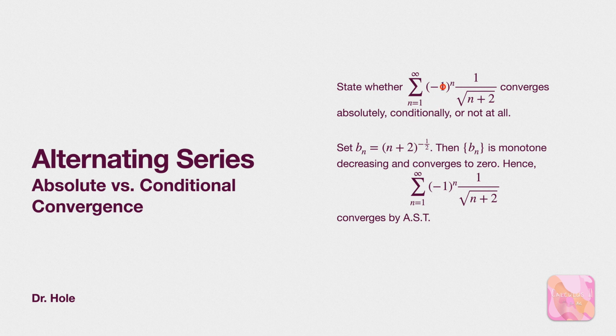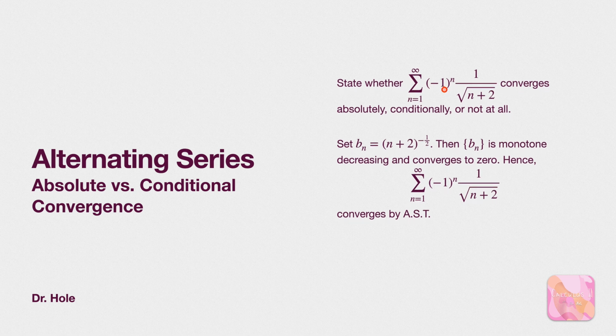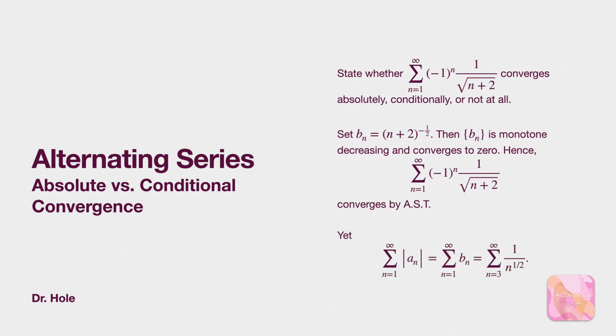That means we need to remove the alternating portion and ascertain whether we still have a convergent series. And we do not, since putting absolutes on the ANs results in trying to sum up the Bn's, but the Bn's are essentially a p-series with p equaling 1/2. Now, there is a shifting of terms.